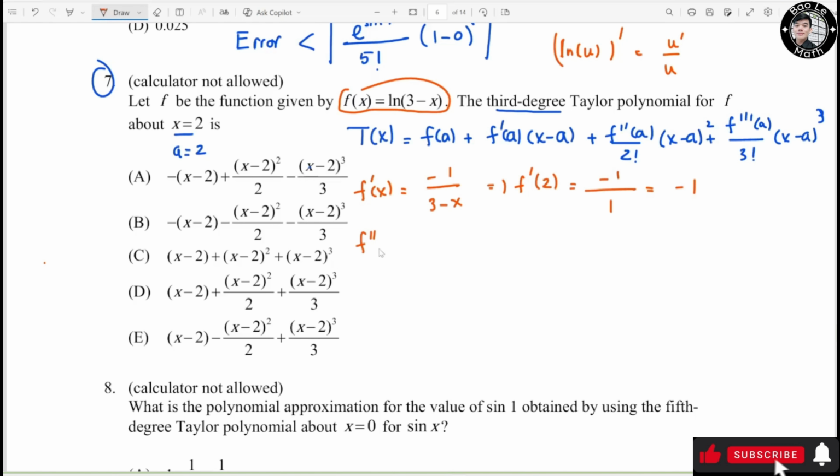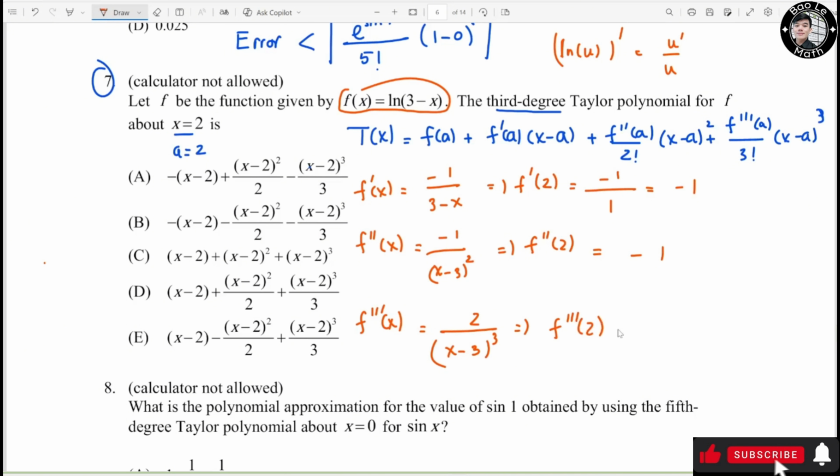Now f double prime of s equals negative 1 over s minus 3 altogether squared. So then f double prime of 2 is negative 1. Now f triple prime of s is 2 over s minus 3 cubed, so f triple prime of 2 equals negative 2.